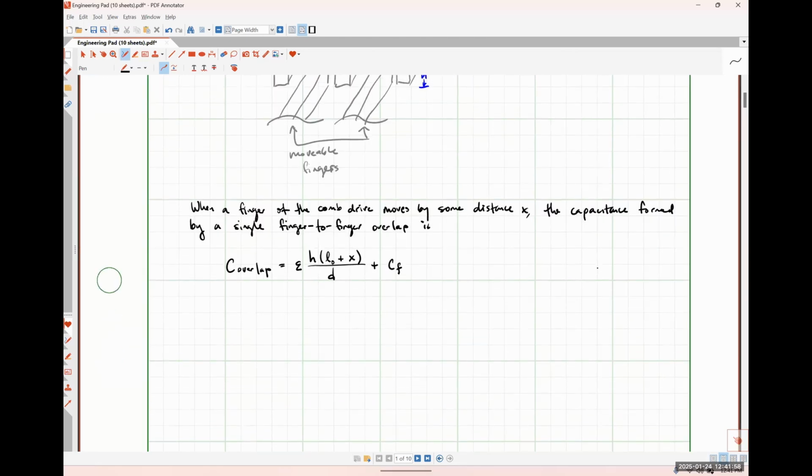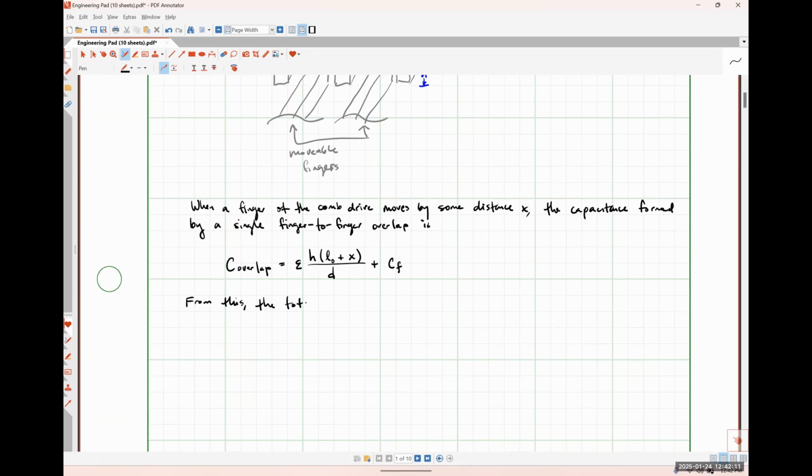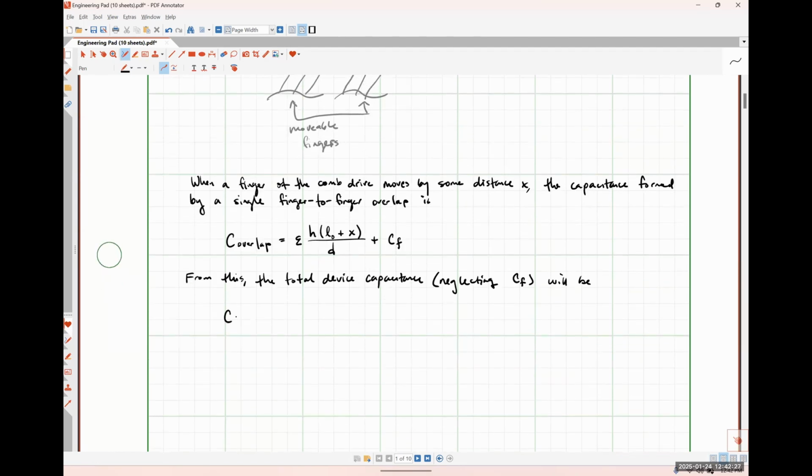So from this, the total device capacitance, neglecting C_F, will be C total approximately equal to epsilon n times H (L naught plus X) all over D, where n is simply the number of overlapped fingers that we have.